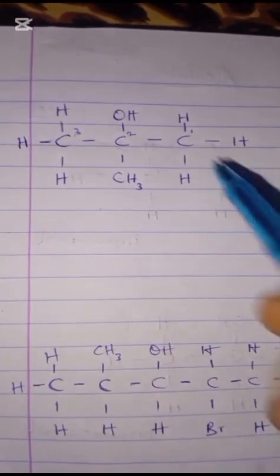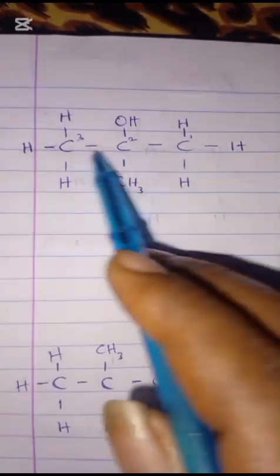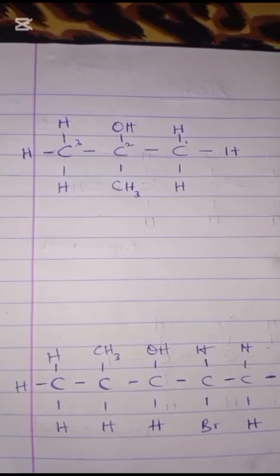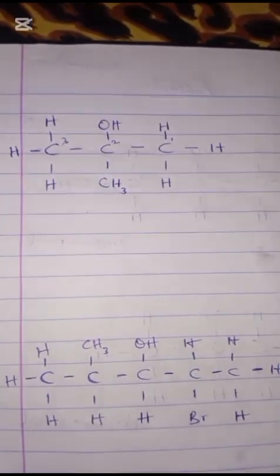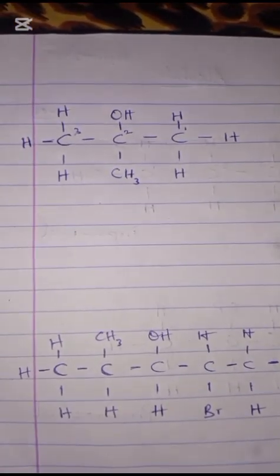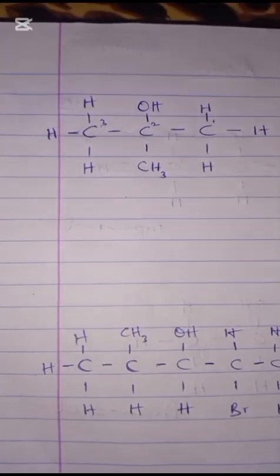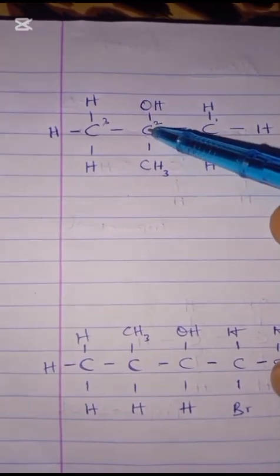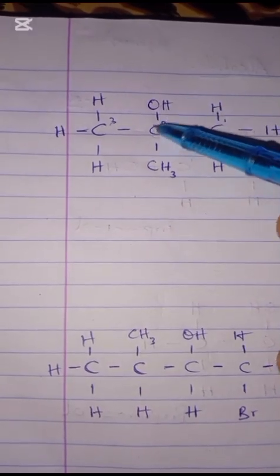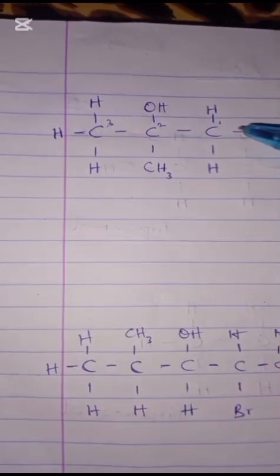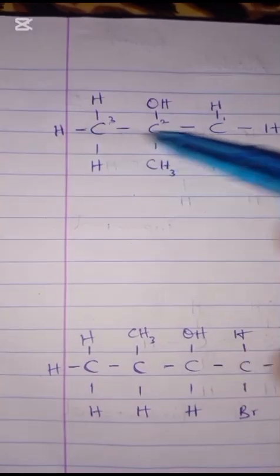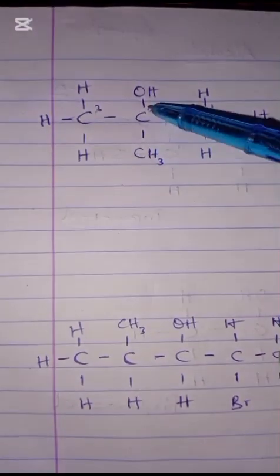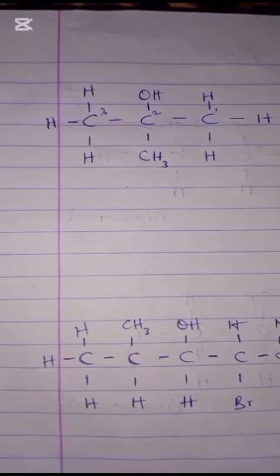Since we have known that the longest continuous carbon chain here has 3 carbons, that is prop, the parent name will have prop as the prefix. Are we together? Now, since we have OH on carbon 2, it will be 2-ol. But looking at this longest carbon chain, there is a substituent, a methyl group, attached to carbon 2.